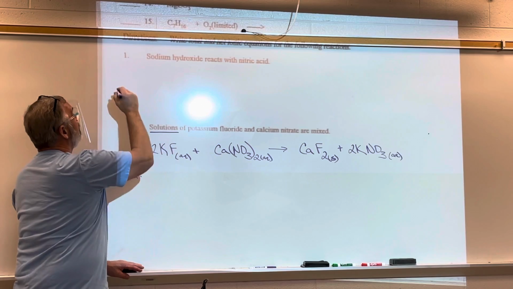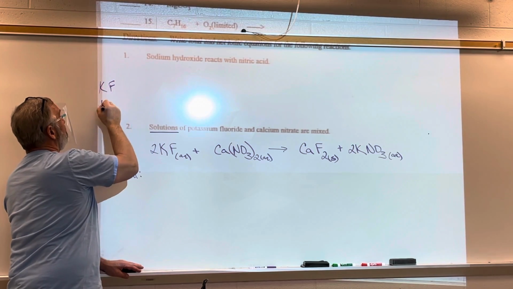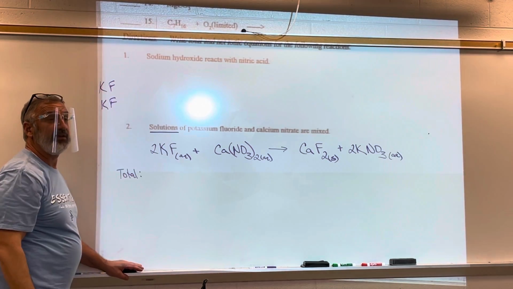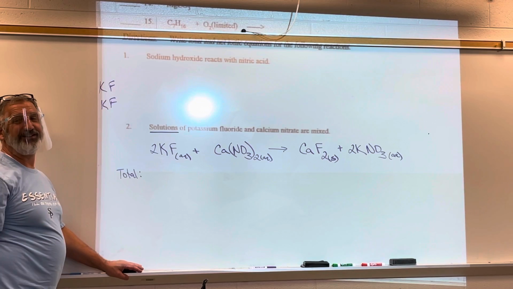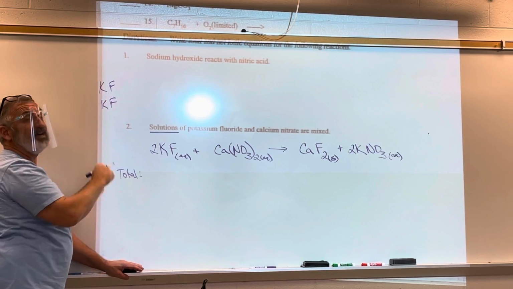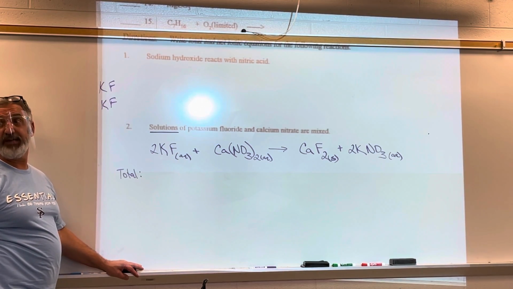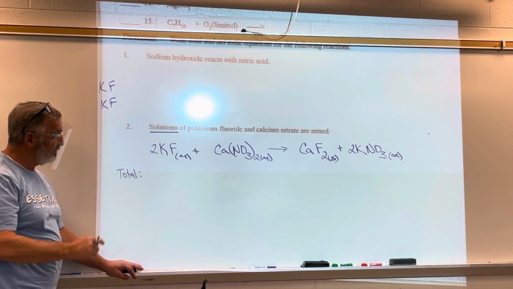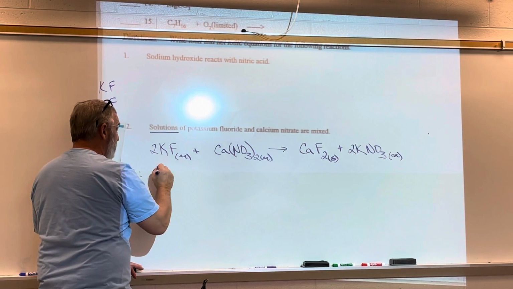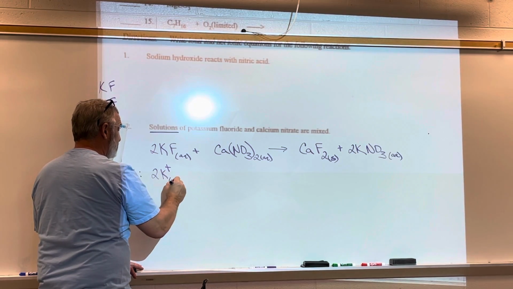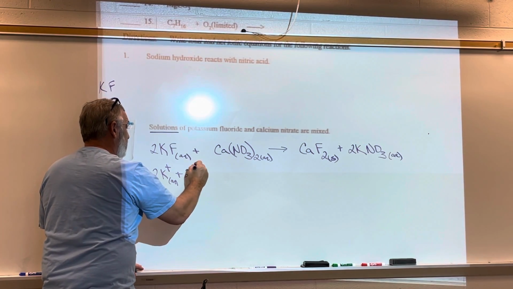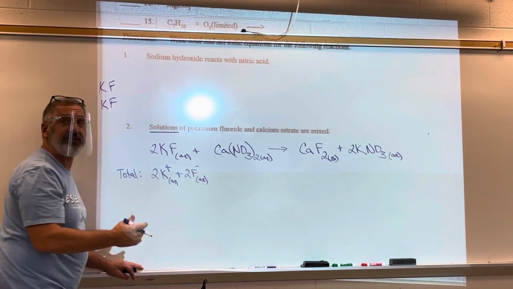So if I have 2 KFs, let's go elementary math here. How many Ks and how many Fs am I going to get? 2 Ks and 2 Fs. The 2 is going to distribute. So I'm going to get 2 K pluses plus 2 F minuses.